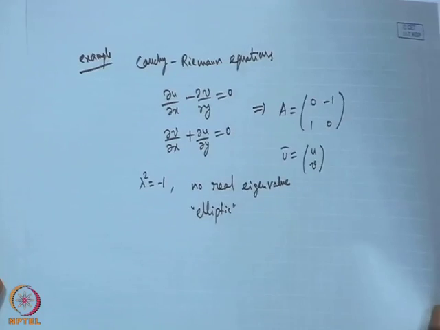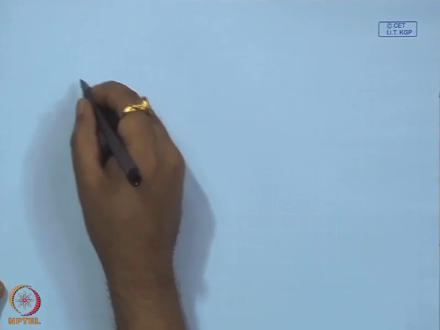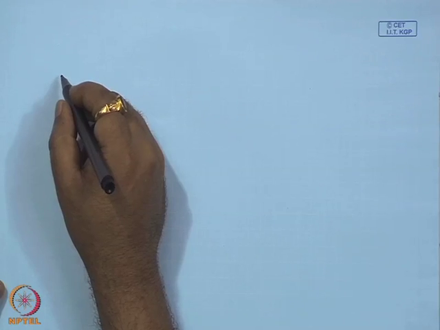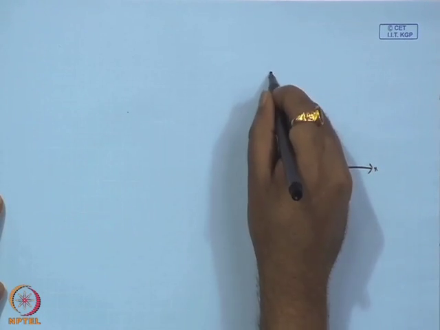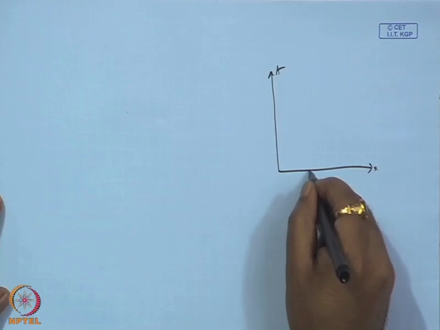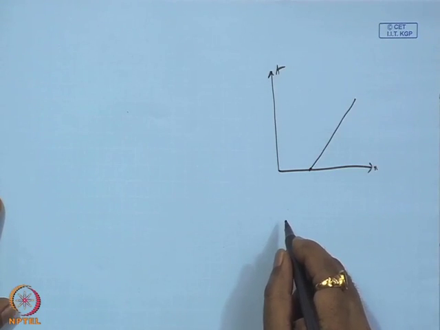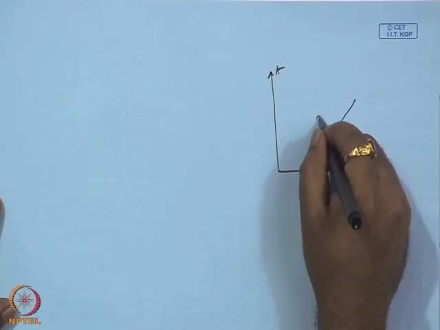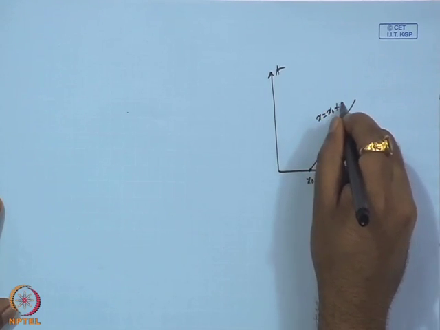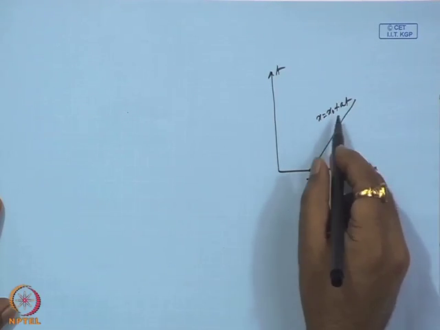Okay. So, now the characteristics of first order, as I mentioned, what is the property of characteristic? If you take an initial point x naught, then characteristic curves are given by x equals x naught plus a t, where a is the slope.